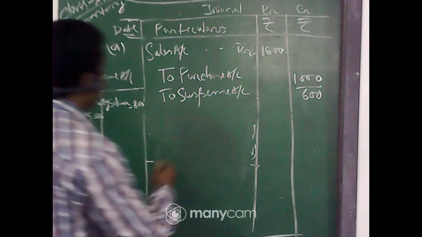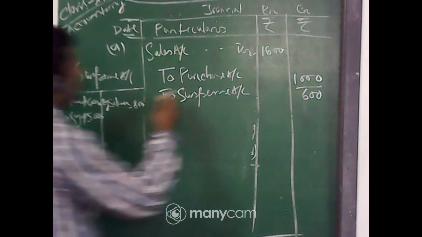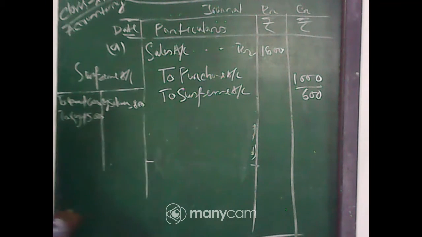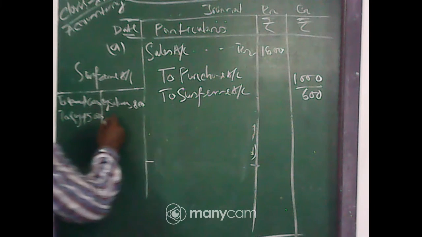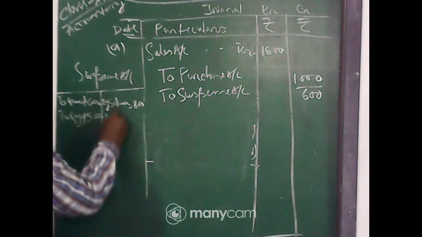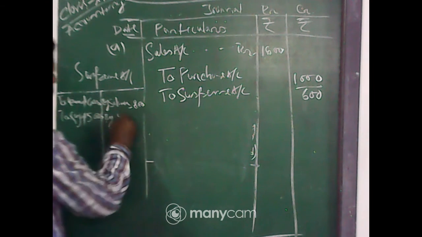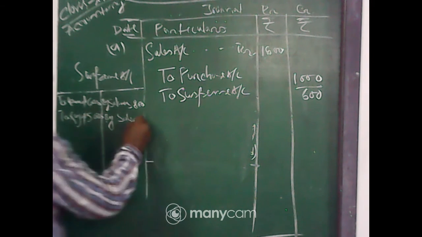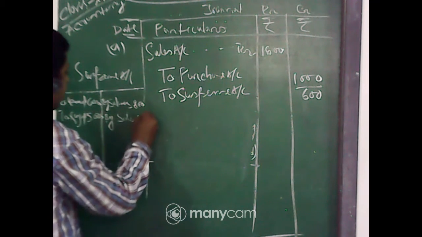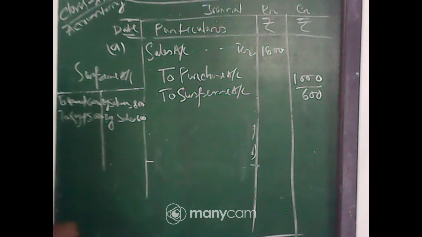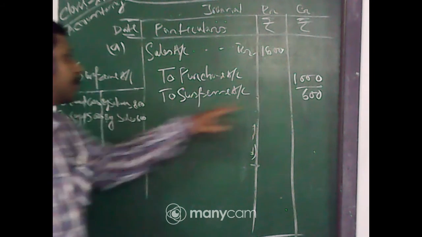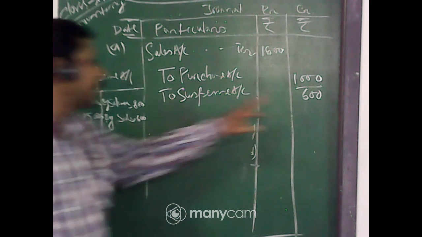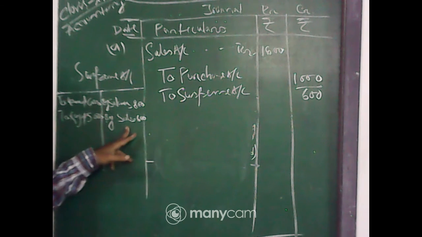Now what will be the posting of ledger? Now the posting of ledger is by sales, that is 600 rupees. That is actually the mistake. By sales, that is 600 rupees. Though the sales amount is 1600, the suspense account amount is 600. The same amount we have to use in the suspense account ledger.